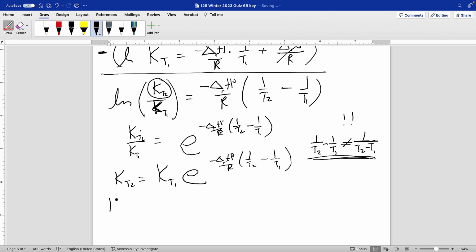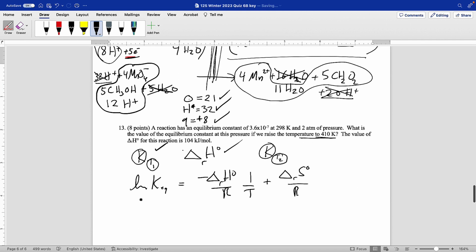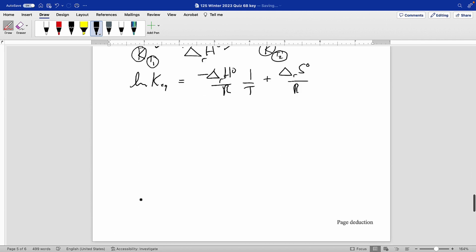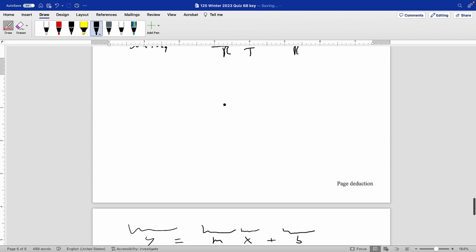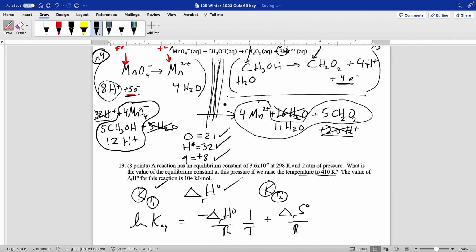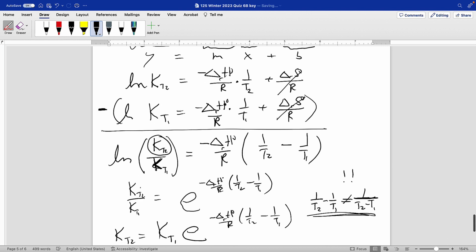So we're going to plug in all our units here. So going back up in the problem, we see our original K was 3.6 times 10 to the negative 7. And we're going to multiply that by this exponential. So we take our heat of reaction, which was a positive 104 kilojoules per mole.